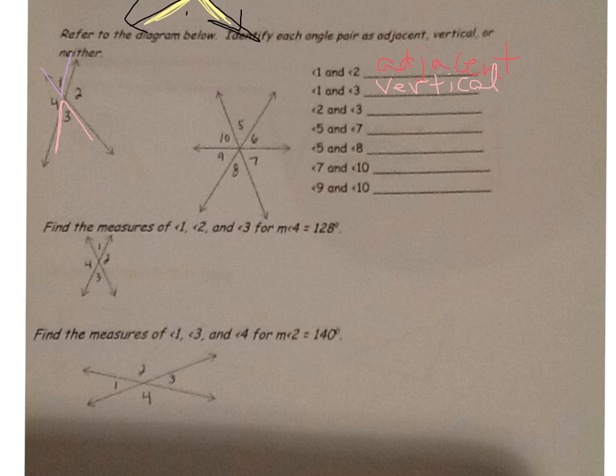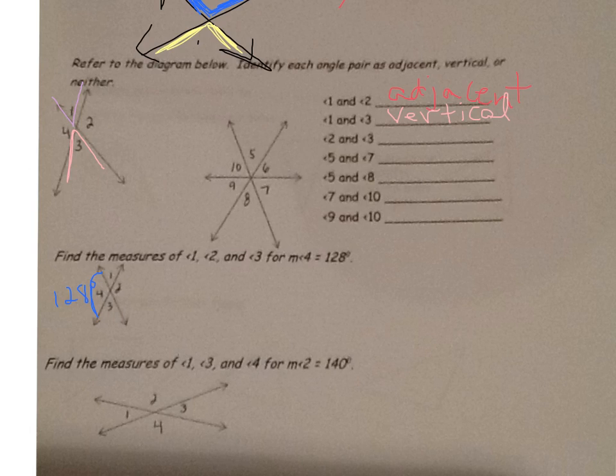It says, find the measures of angles 1, 2, and 3 if the measure of angle 4 is 128 degrees. So what I know is that right here, this angle, angle 4, is 128 degrees. Now, something important that I told you earlier is that if two angles are vertical, they're actually equal to each other.